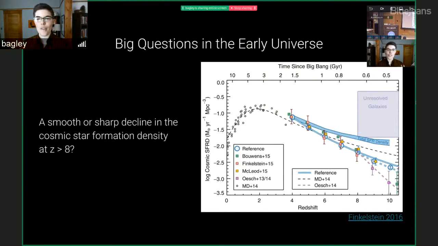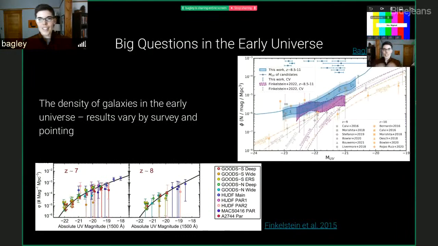Some observations favored a more smoothly declining star formation rate density, and some favored a more rapid decline. As we've seen from results today and in recent papers, this dichotomy is being pushed out to even higher redshift with JWST. But the real question is, how can we explain the density of galaxies that we're seeing in the early universe based on their star formation efficiencies?